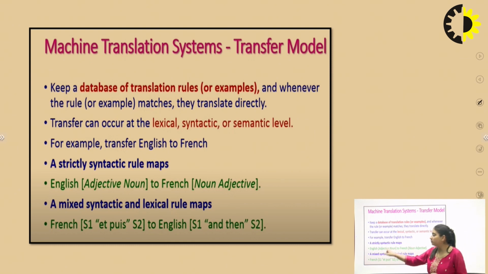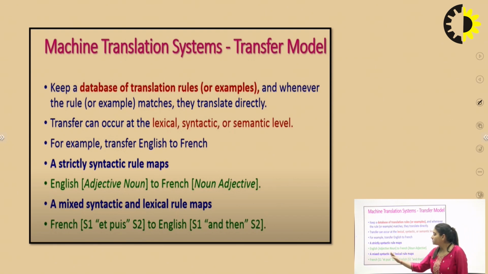What does it mean? It means that if in English we are writing adjective noun, then in French we have to write noun and adjective. You need to understand the order, that in English we write adjective and then noun, and in French we write noun first and then adjective. So this is the syntactic rule, and this is how the syntactic rule maps.